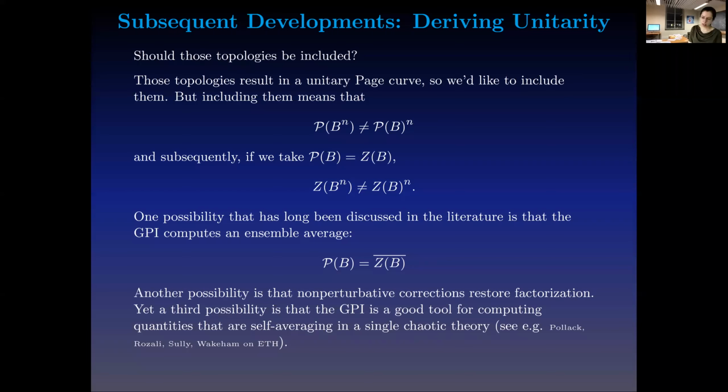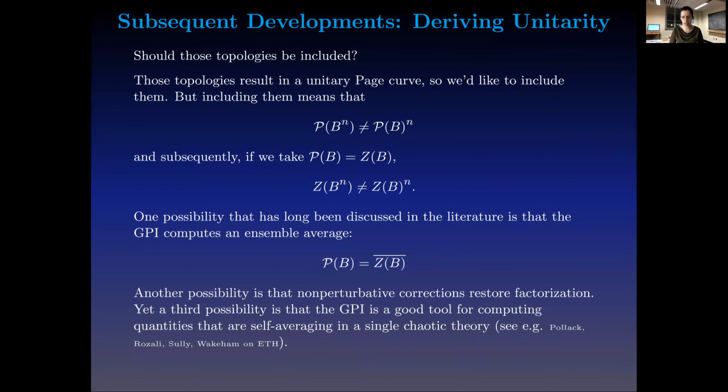Now, there have been a number of different possibilities that have been floated for trying to explain what's going on here and what the gravitational path integral is actually computing. So one possibility that has been discussed in the literature a lot is that the gravitational path integral computes an ensemble average. So I'm going to use the bar to denote whatever it is the gravitational path integral computes.